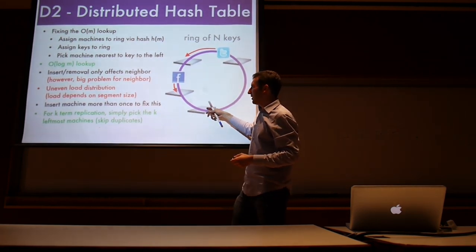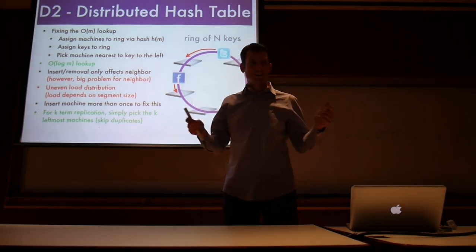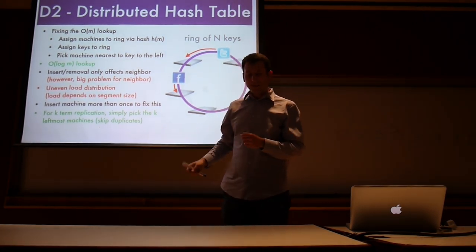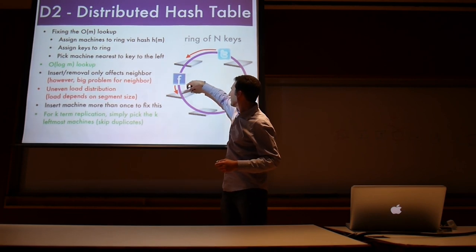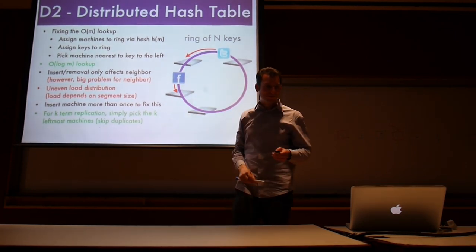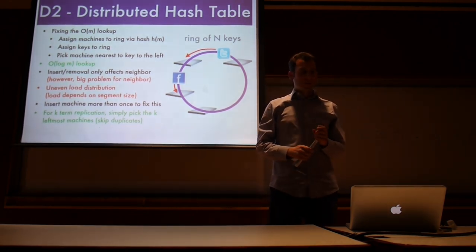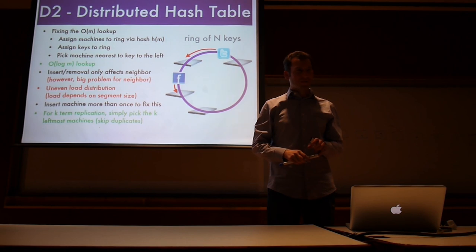And furthermore, it gives me a fairly uneven load distribution. Yes, in expectation, each machine gets the same amount of work, but the length of the segment here actually will be quite variable. And I'll show you how variable on the next slide. So how can we fix this? You basically insert each machine more than once.